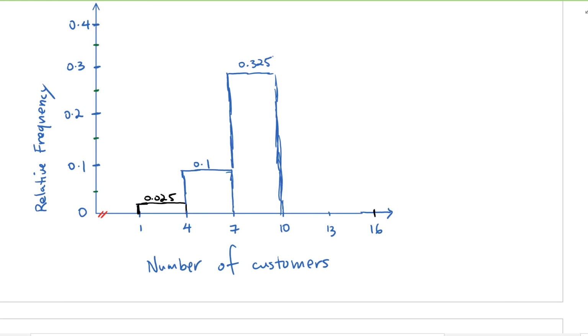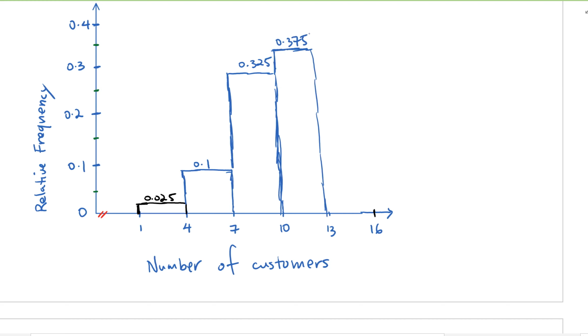I put a number here. You don't have to. I just put a number. It's easy to read. And the next one is 0.375. Okay. 0.375. That would be, okay, over here, under 0.4. Okay. And then I draw my bar down. So 0.375. And the last one is 0.175.